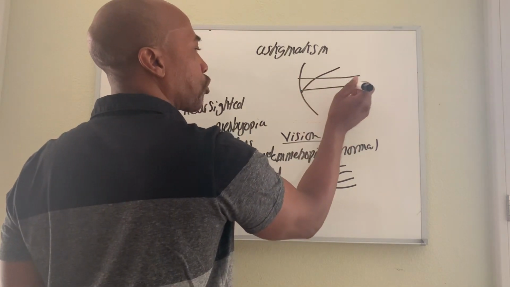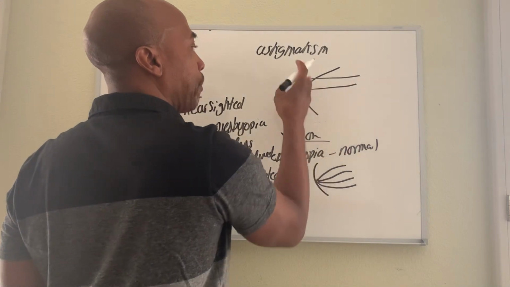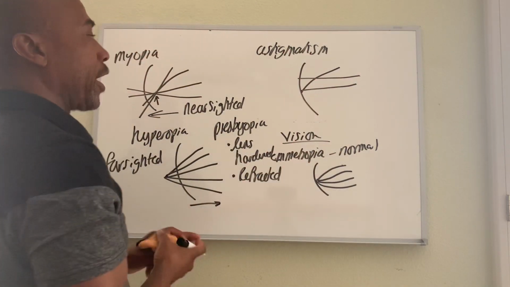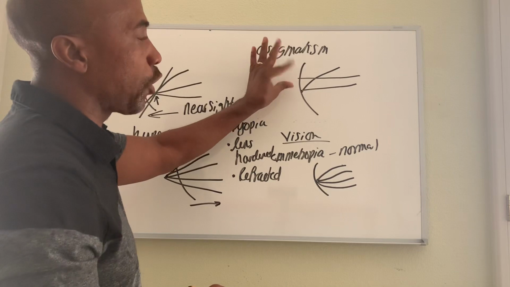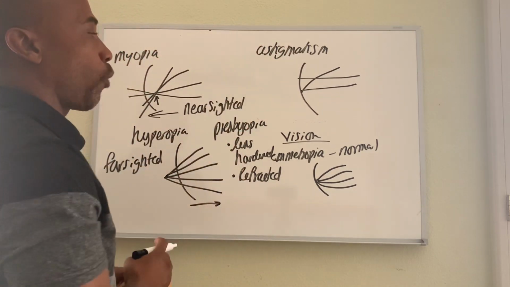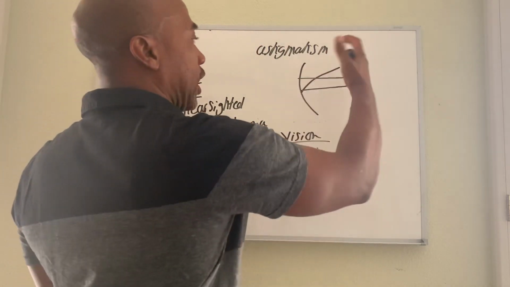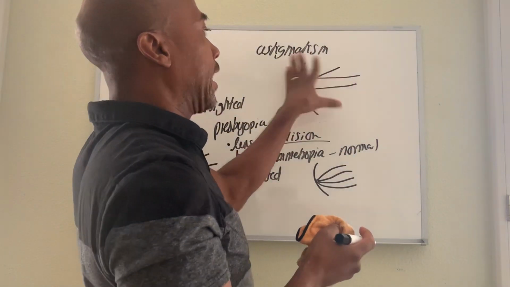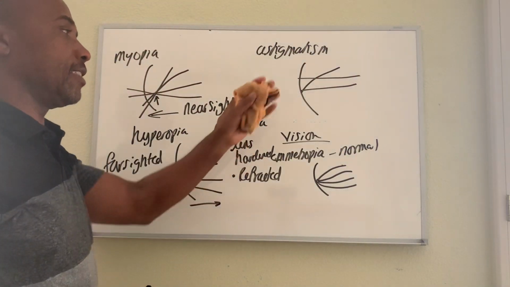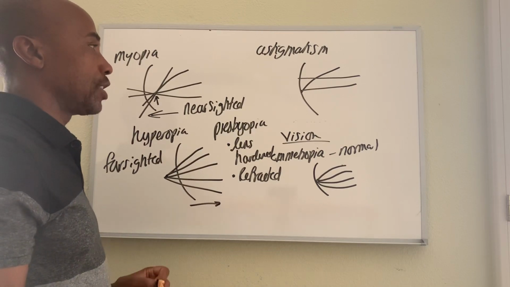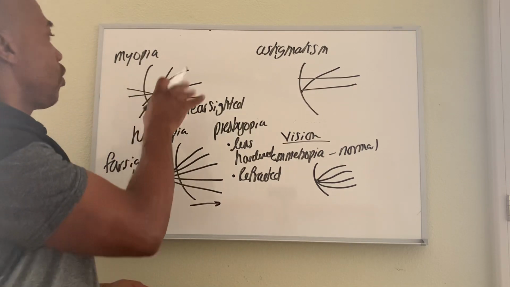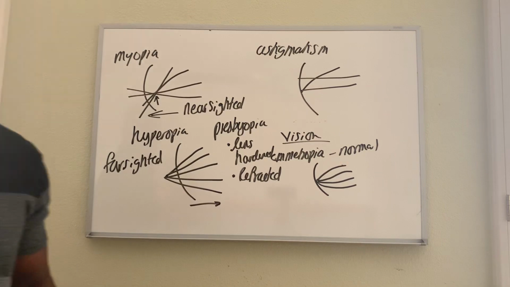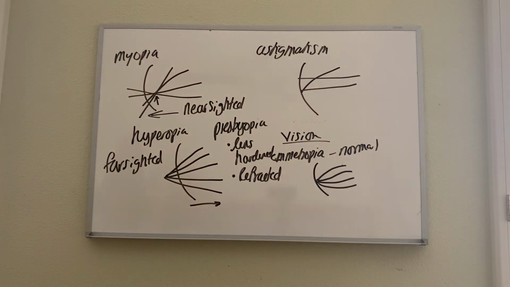So you have that kind of crazy impact of light on the retina, where it's not in one focal point, so the image is blurry there. That's astigmatism, where you have to wear certain glasses that are equally misshapen to accommodate for the misshapenness of your lens to fix these ray issues there. So those are your four forms of visual abnormalities.